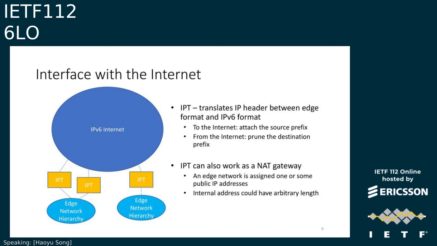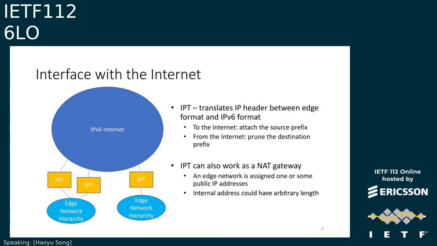So basically this is an address scheme for how we can truncate or use only the necessary part of the IP address. And we have a way to incrementally deploy it in the current IPv6 network, because it only affects part of the edge network.